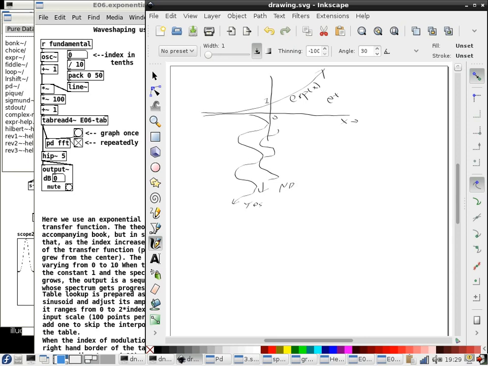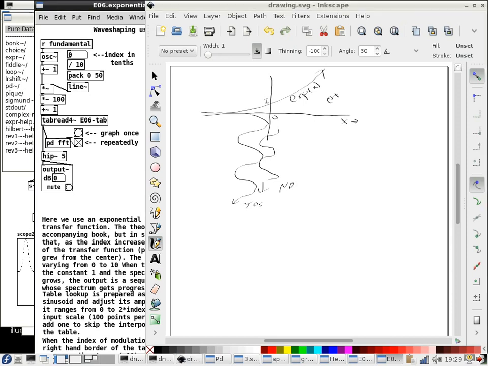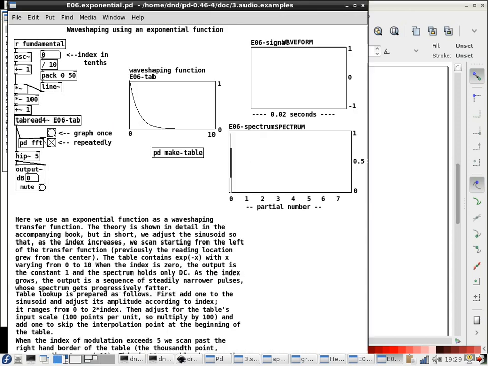In other words, fix it so that no matter what amplitude you give the sinusoid going into the nonlinear function, it only reaches up to 0, and therefore the output only reaches up to 1.